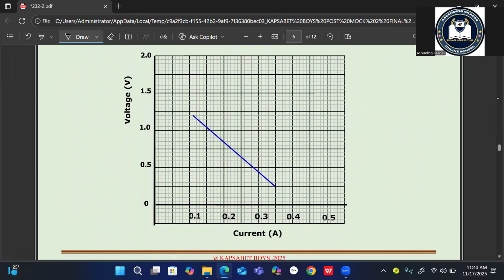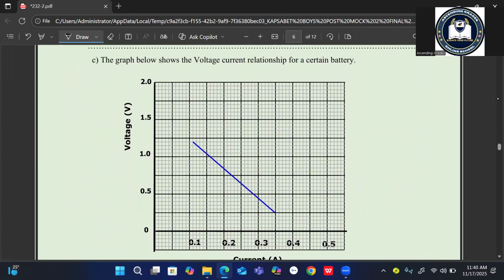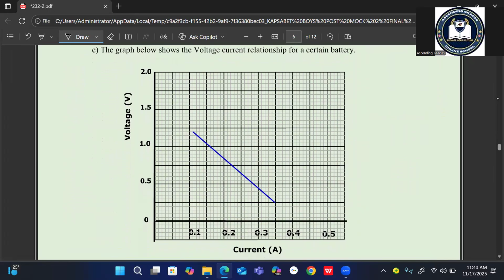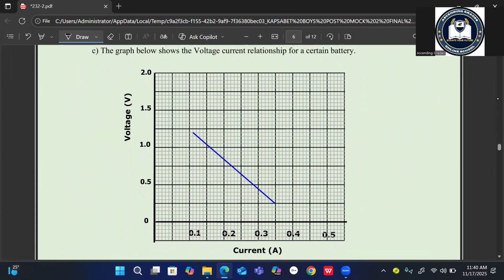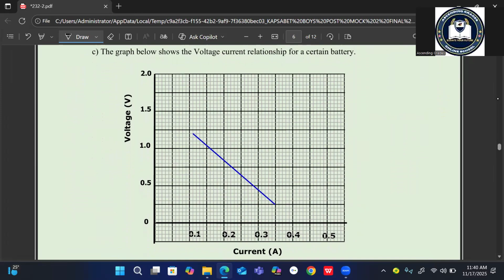We're having a graph here. The table shows the voltage relationship for a certain cell. So you can see the way it is. Then I'll just write the questions here.